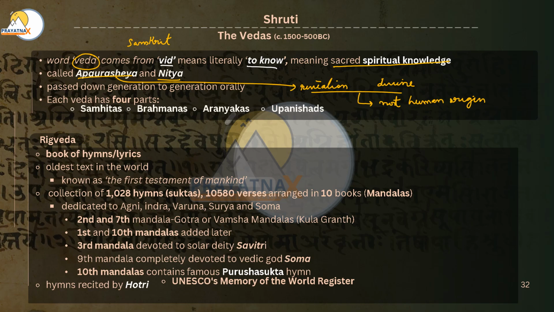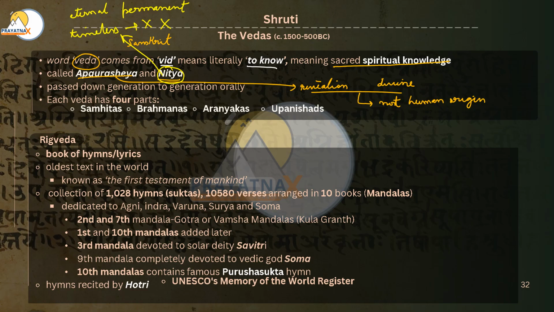On the other hand, it is also called Nitya. This is because it is believed to be eternal and permanent. This means that the Vedas are basically timeless. It has no beginning, no end. It returns in all eternity.